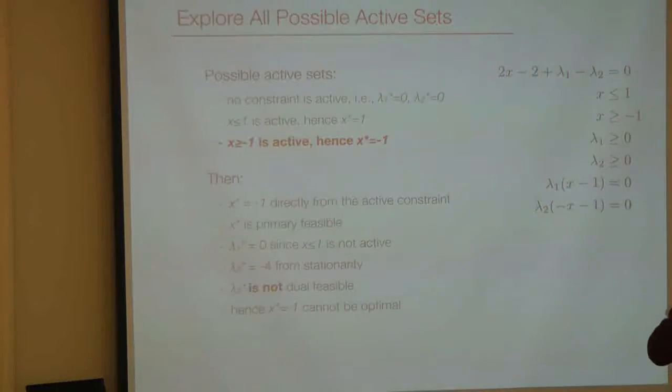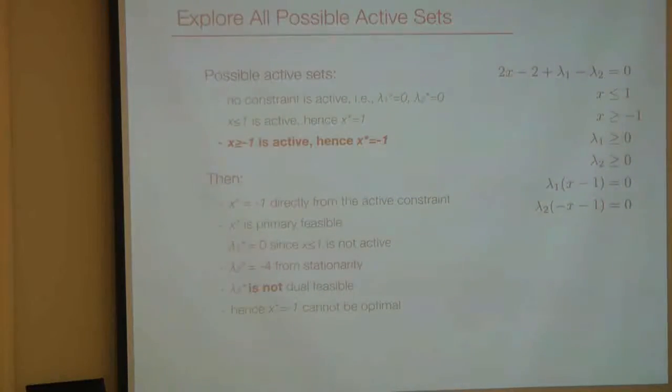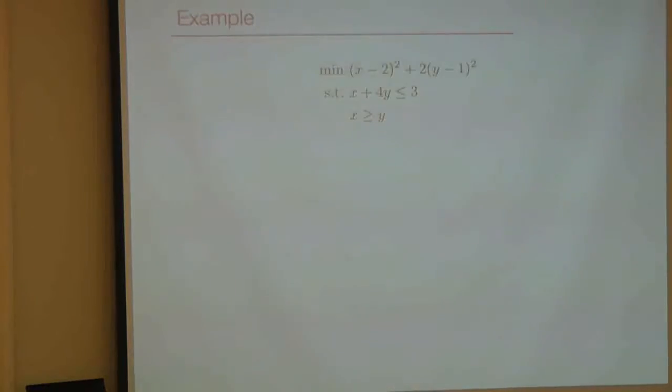We basically have to try out all possible combinations of active constraints. The problem with this approach is there can be many combinations. Essentially, how many combinations can there be? Okay, let's leave it for the next lecture. Many. Okay, and let us just test the procedure on one more example.